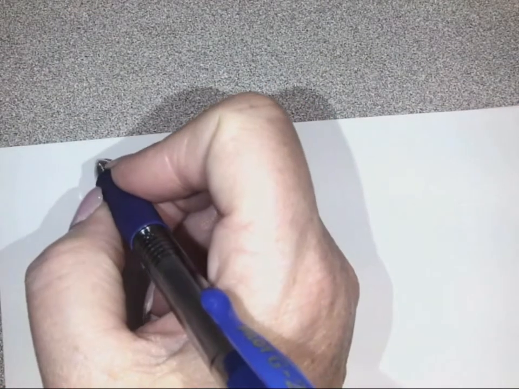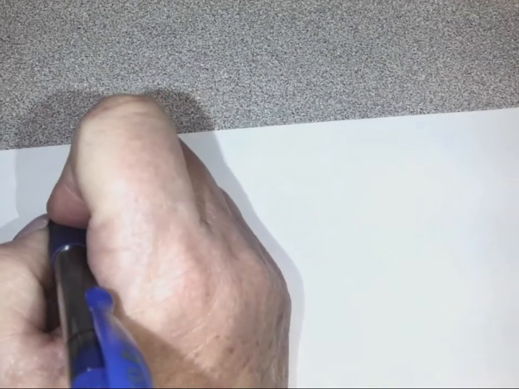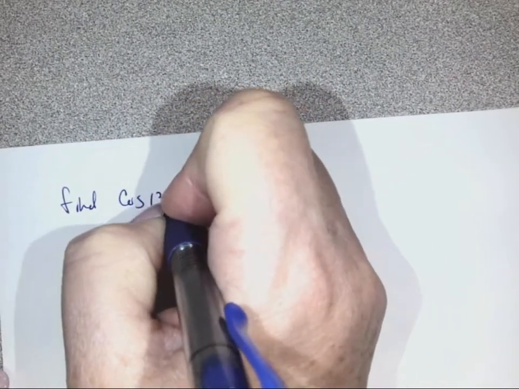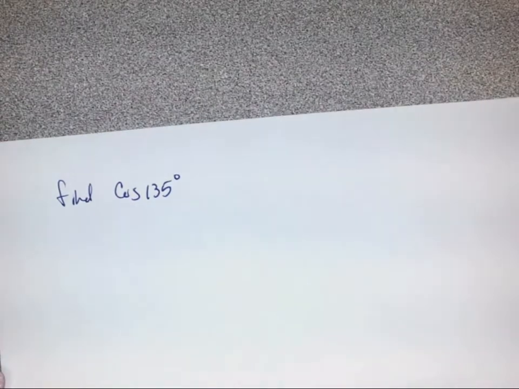All right, so let's go and do some problems. We are going to find the trig functions of some angles. We want to find the cosine of 135 degrees.